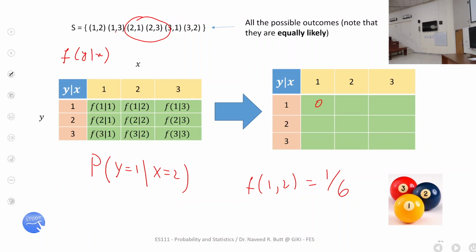So what's the answer then? 1 by 2. Right? 50%. As soon as I tell you that the first ball took the value 2, your sample space shrinks. It's not this anymore.